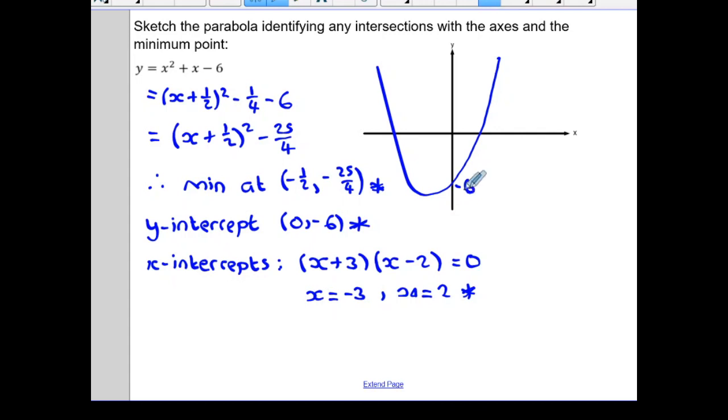Y-intercept minus 6, x-intercept minus 3, x-intercept of 2, and our turning point of minus a half, minus 25/4.